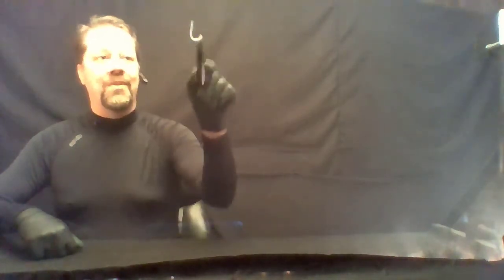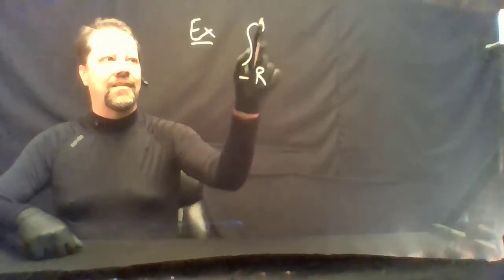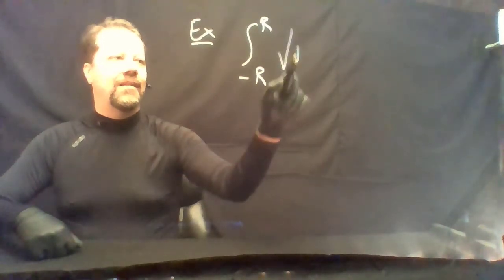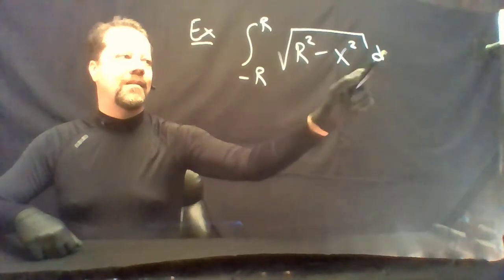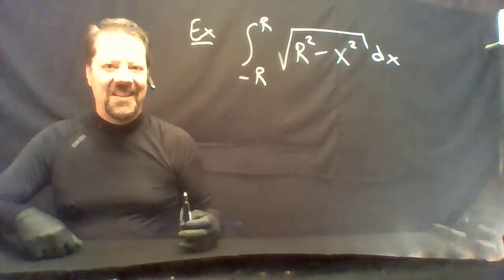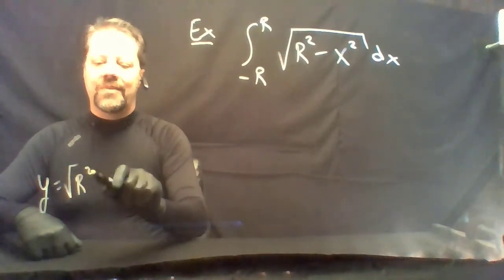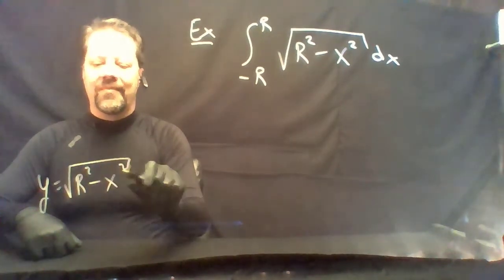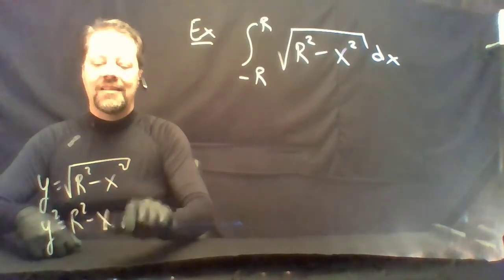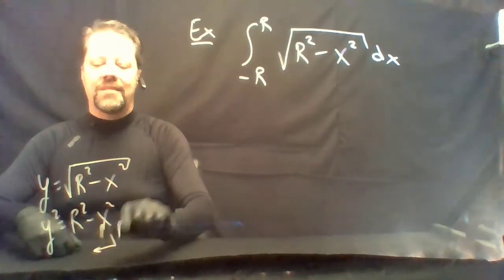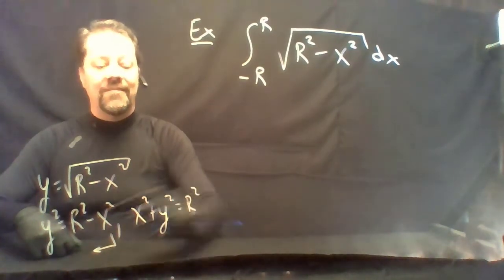Let's do an example where you already know the answer. In this case, you'll recall that y equals the square root of r squared minus x squared. If you square both sides, that gives you y squared equals r squared minus x squared, and shifting this term to the left, you have x squared plus y squared equals r squared.